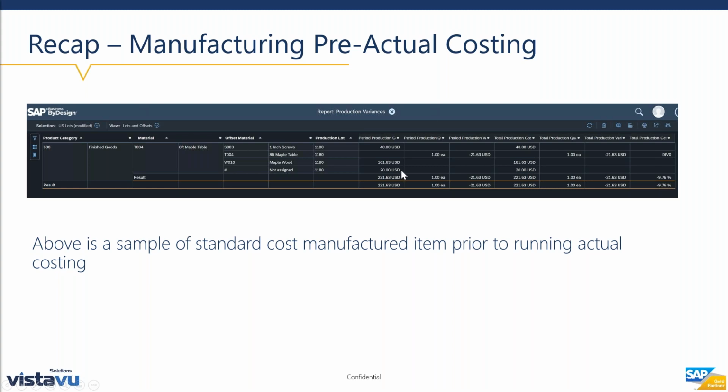So that $200 item was made up of the following input costs. In fact, that item was actually manufactured for $221.63 of consumption of raw materials and resource costs. Obviously, what hits the books for a manufactured item was the $200 finished, and then the $21.63 was written off by the system.